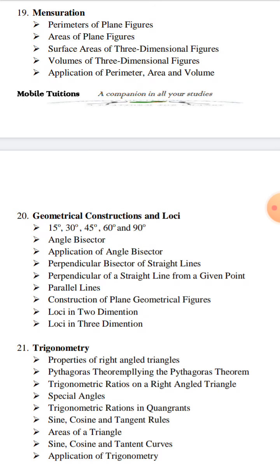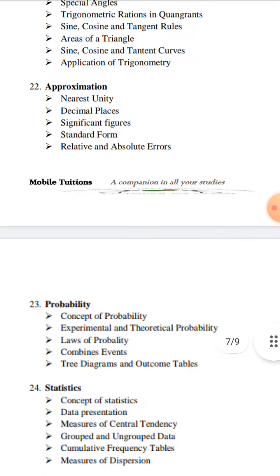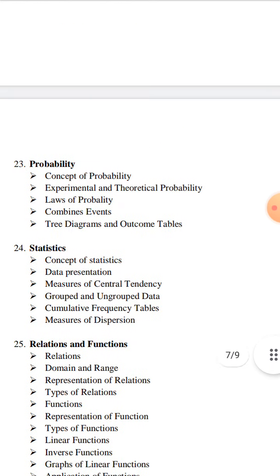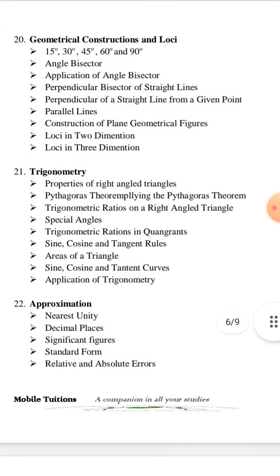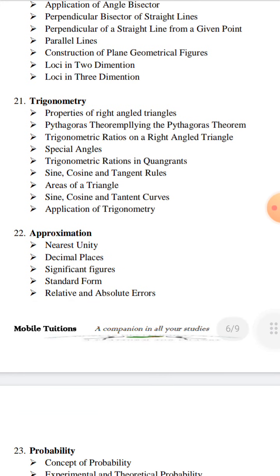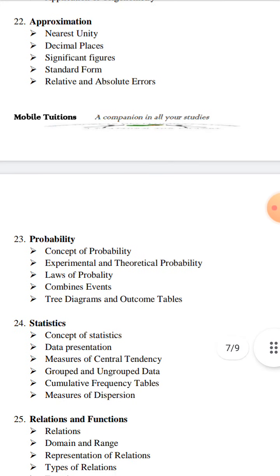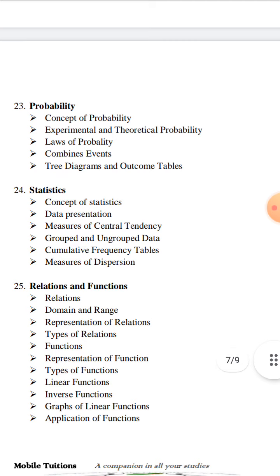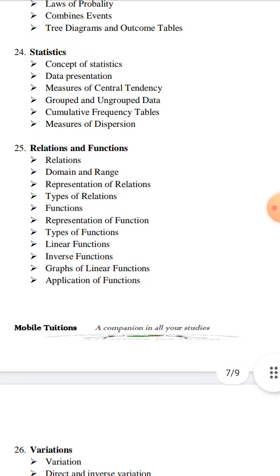Then in topic 21, we look at trigonometry. In topic 22, we concentrate on approximation. Topic 23 concentrates on probability and all that falls under it. Topic 24 looks at statistics, and topic 25 looks at relations and functions.